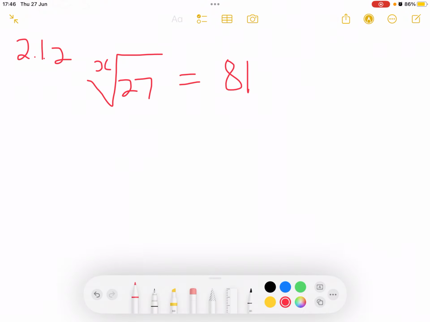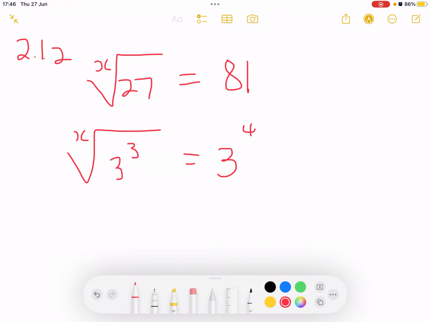A Grade 10 learner would know that I have to change these into exponential form, and write 27 into its exponential form, which is 3 cubed, and 81 into its exponential form, which is 3 to the power of 4.